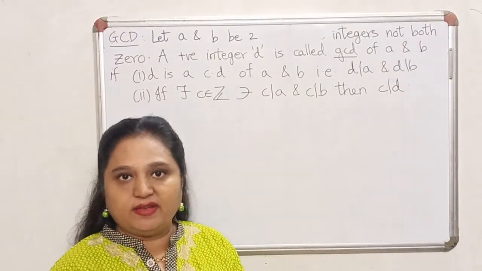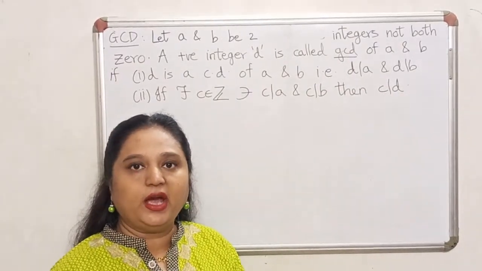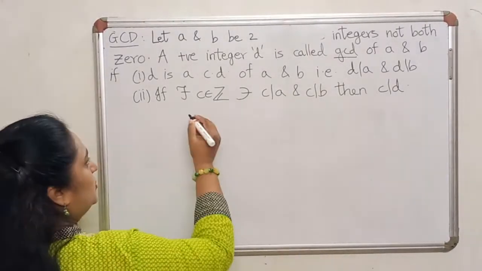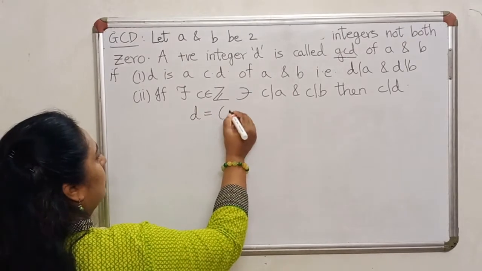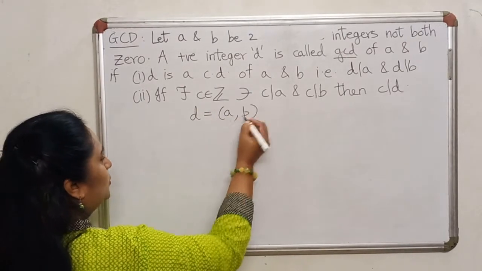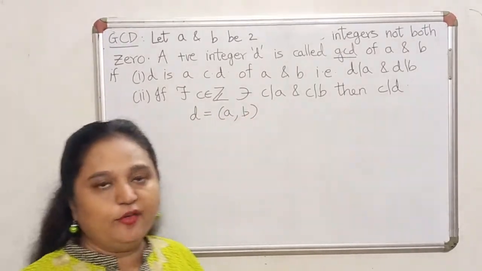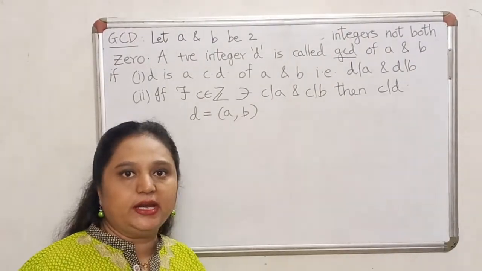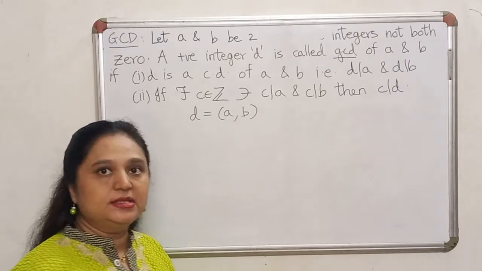So in that sense, d will be greater than every other common divisor, and then we will say that d is the GCD of a and b, and this is the notation that we use for the GCD of two integers. So this is the definition that you have studied in the first year algebra class.